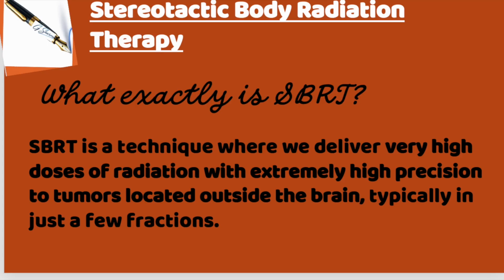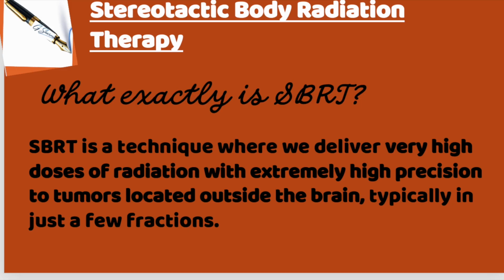So in simple terms, SBRT is a technique in modern radiation oncology where we deliver a very high dose of radiation with extremely high precision to tumors located outside the brain. Remember that we deliver the radiation outside of the cranial region, the extracranial region.